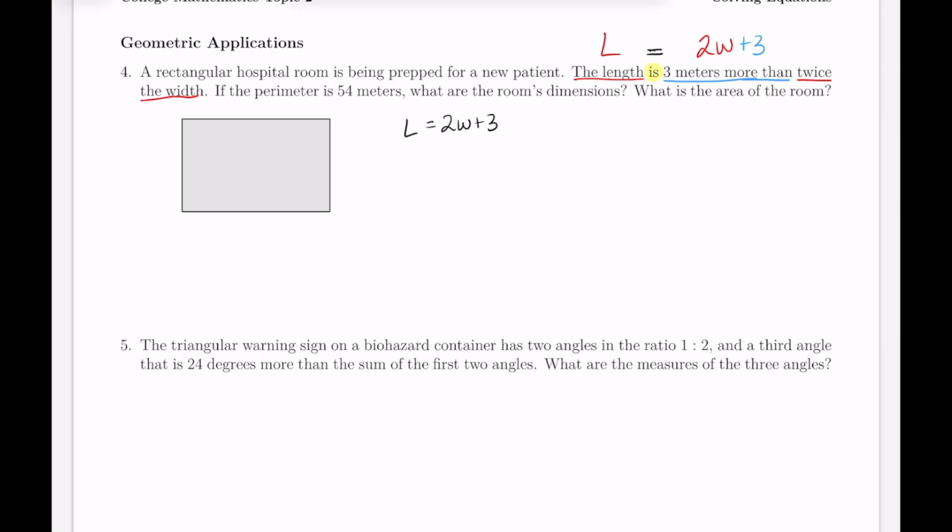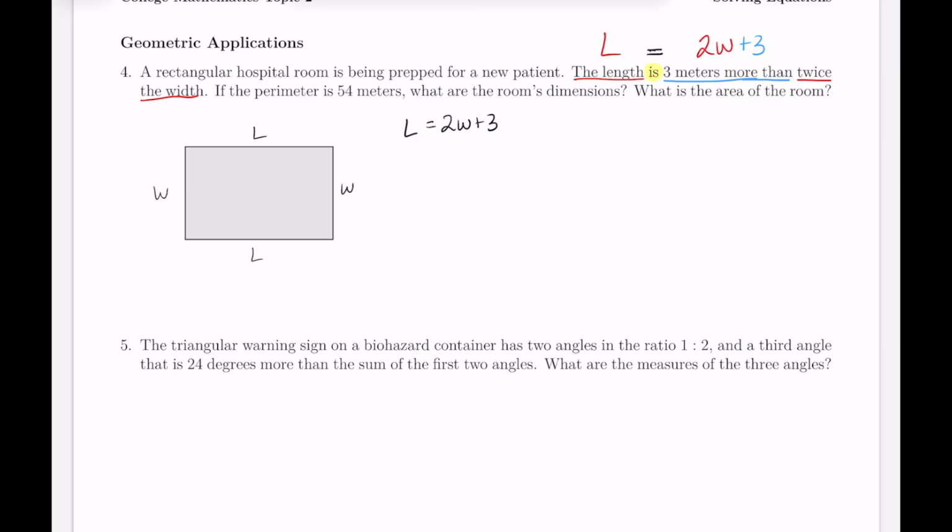The length is twice the width plus 3, or 3 more than twice the width. Yeah, I think we're good there. Let's get rid of those. It also tells us the perimeter is 54 meters. Like, that's cool and all. I know that when I have a rectangle like this, I can say that, like, maybe this is the length, this is the width, this is the length, and this is the width.